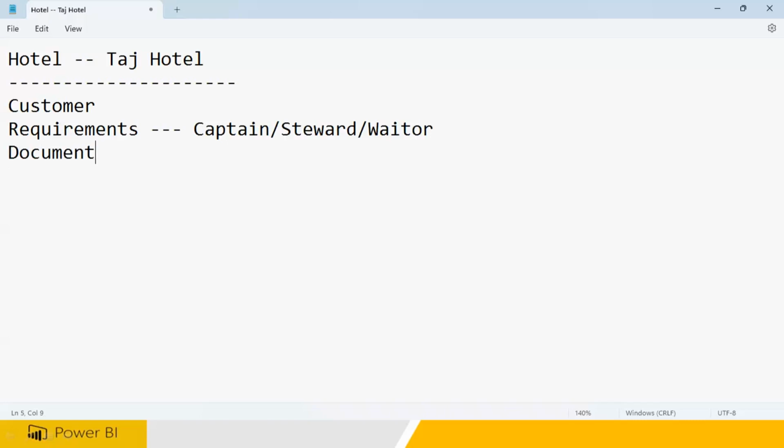So he is going to be preparing a document. Clear? What is the document called according to the hotel industry? It is called KOT. KOT means kitchen order token, or kitchen order ticket. That is what he is going to be giving it to you.